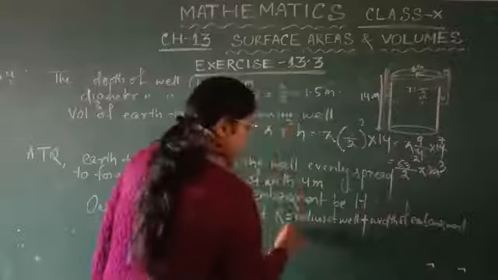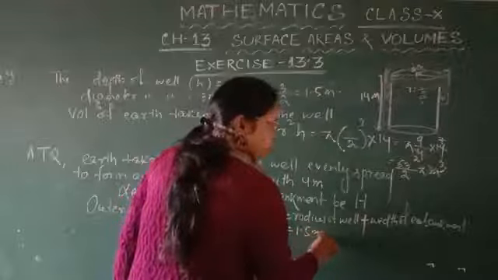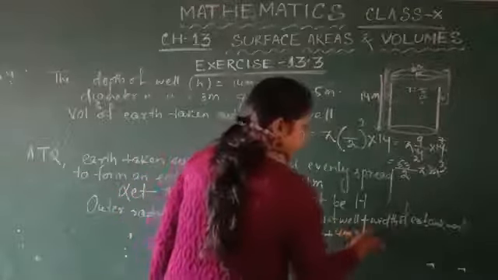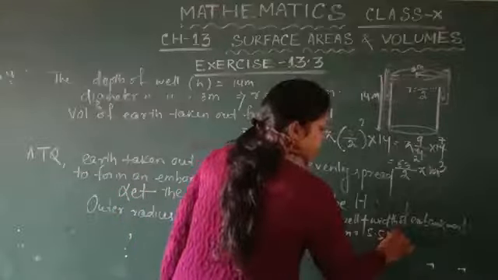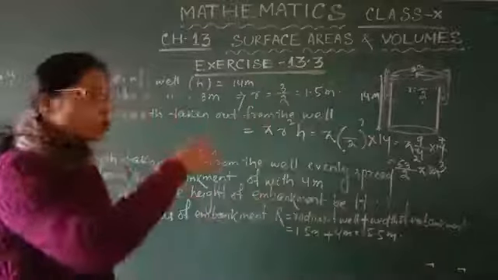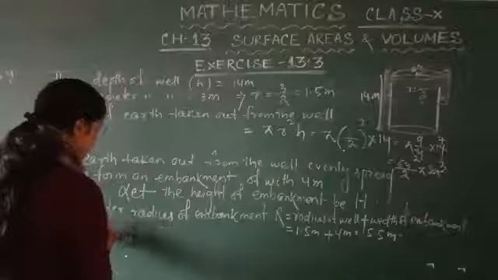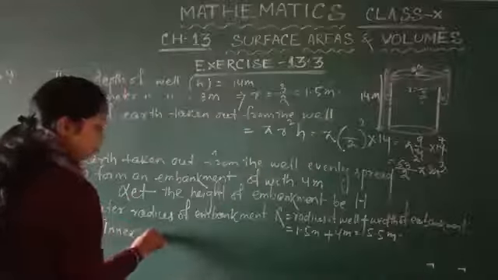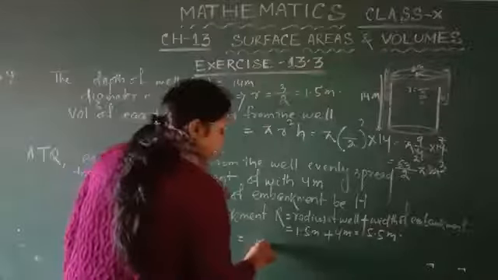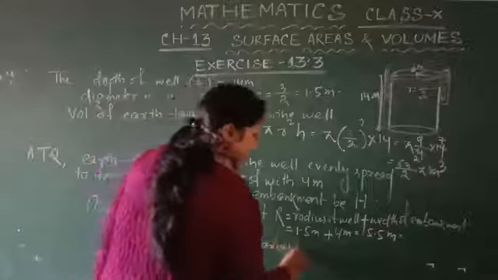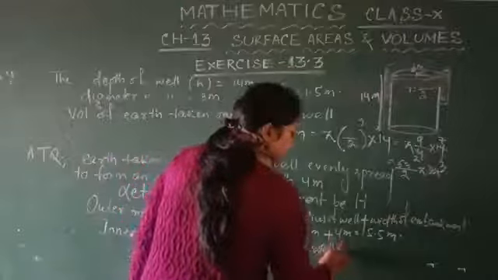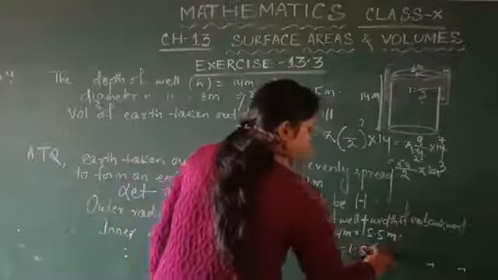So that is equal to 1.5 meter plus 4 meter, that is 5.5 meter. This is the outer radius, and the inner radius is equal to the radius of the well, that is equal to 1.5 meter.